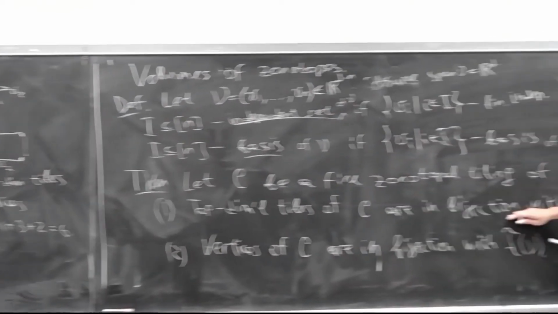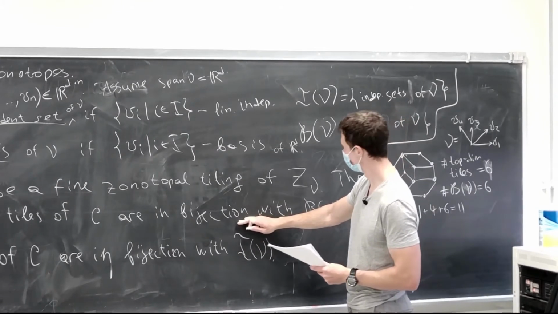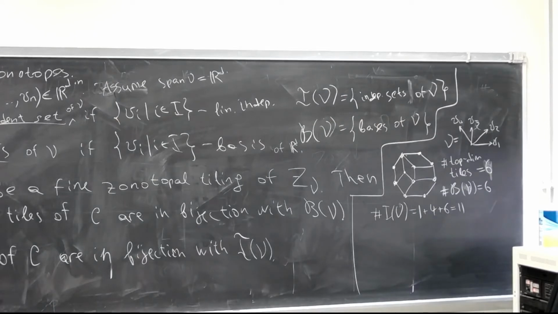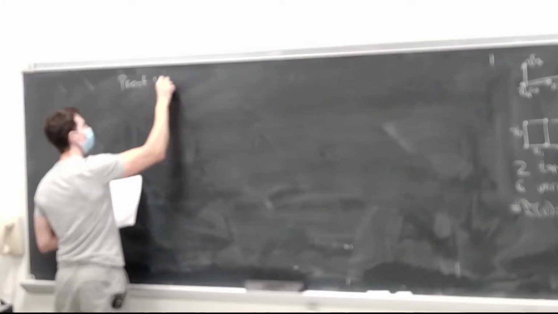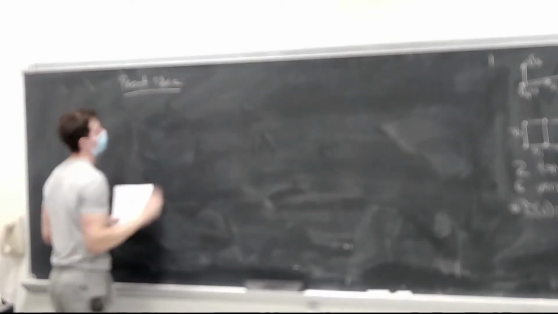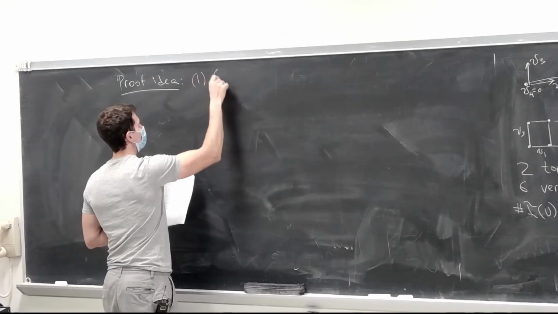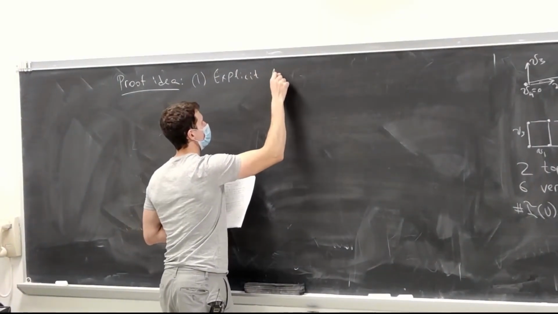Actually, for the first part, there is an easy bijection. Proof idea: for the first part, you just give an explicit bijection.